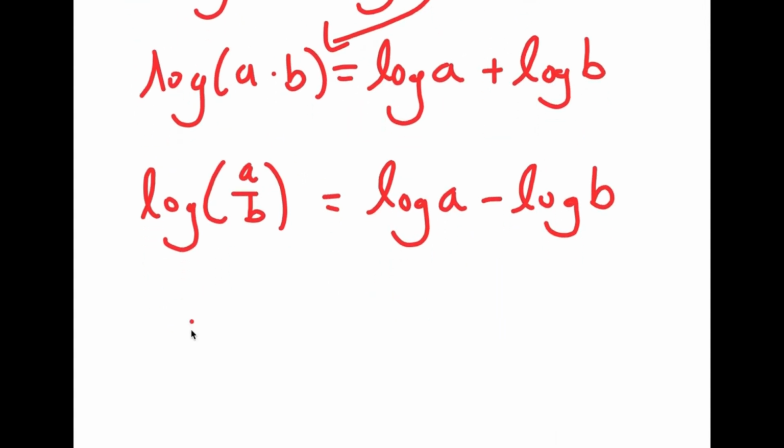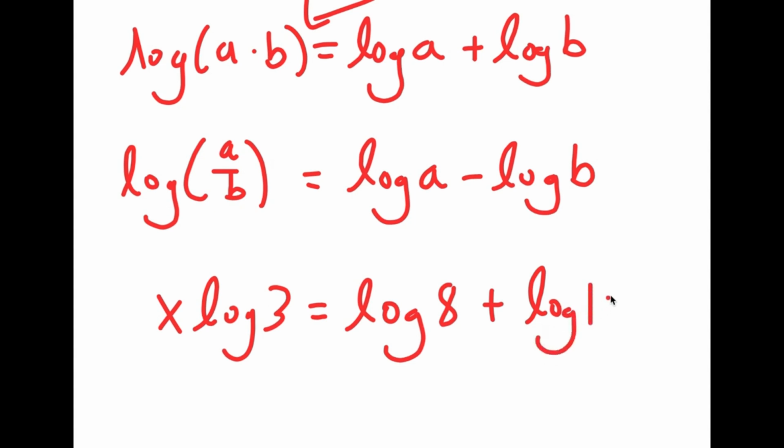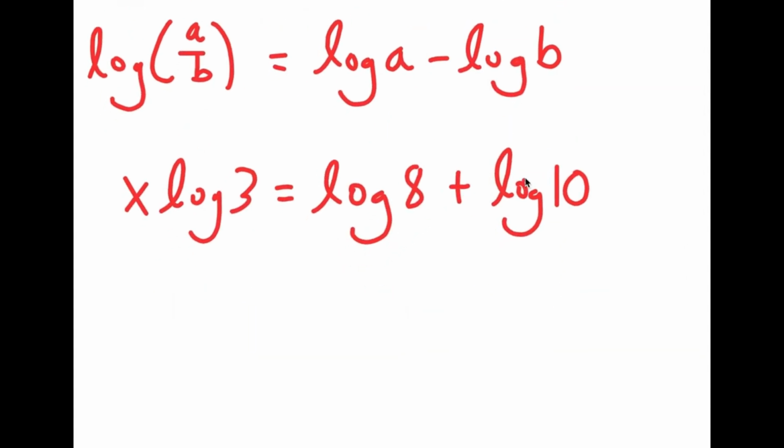So this is going to equal x log 3 is equal to log of 8 plus log of 10. Now, if you guys didn't already know, log 10 is simply equal to 1.